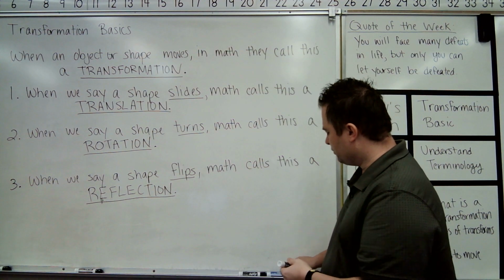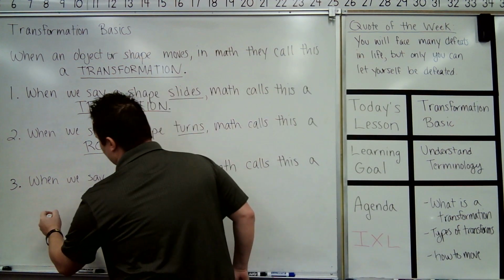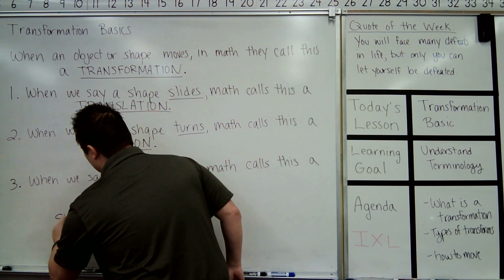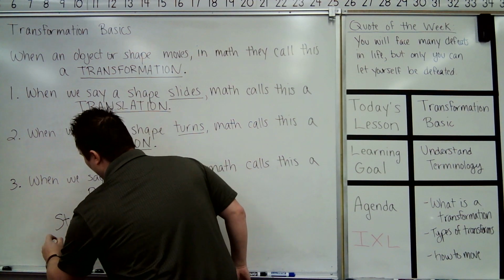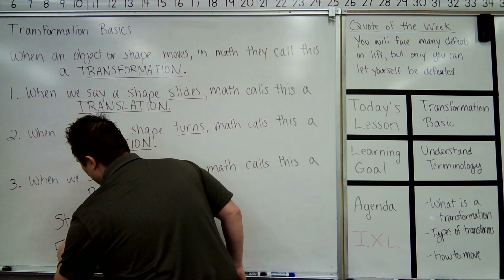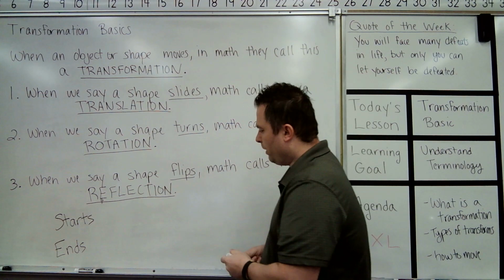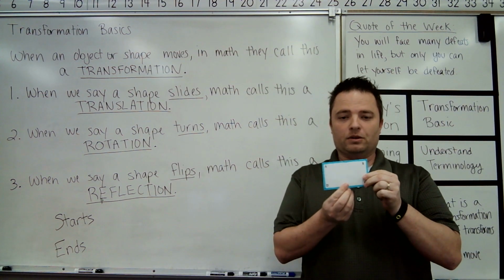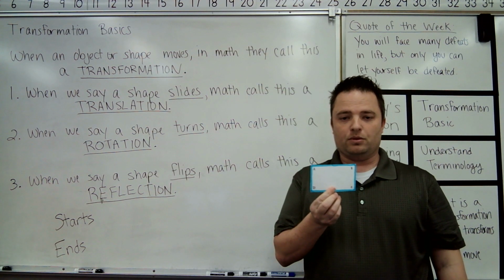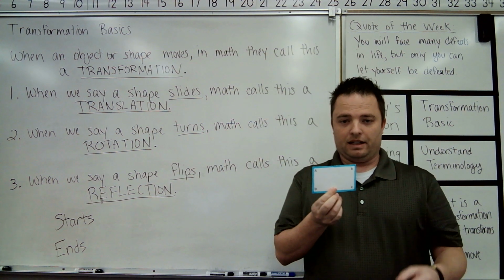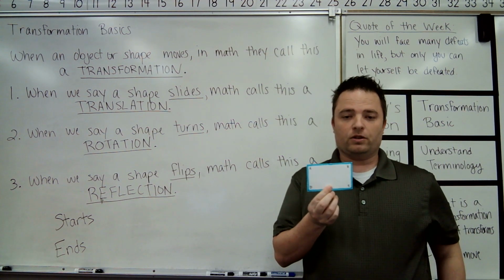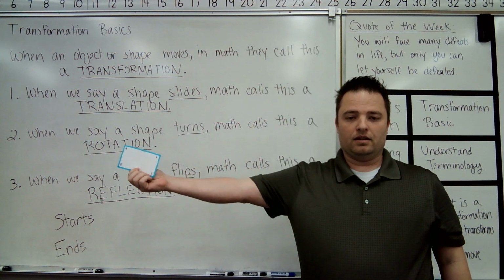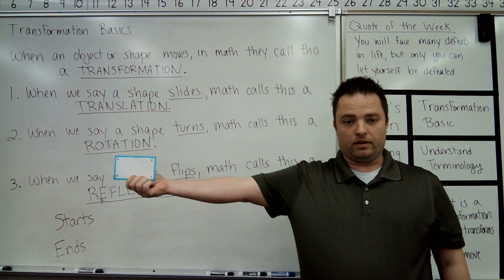So we're going to focus strictly on where a shape starts and where it ends. Okay? Where a shape starts and where it ends. So for example, if I was going to say that this shape was going to move to my left, meaning in that direction, it would start here, and then a snapshot later, it would end here.